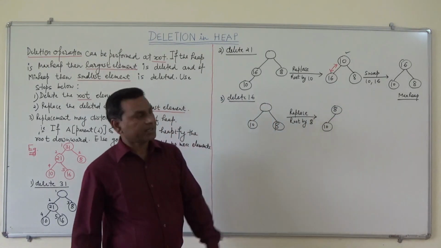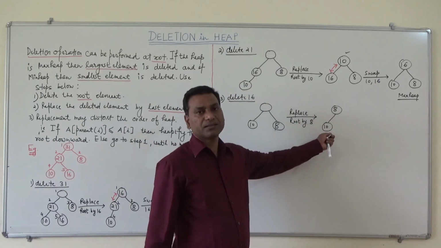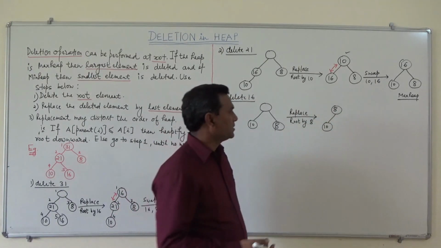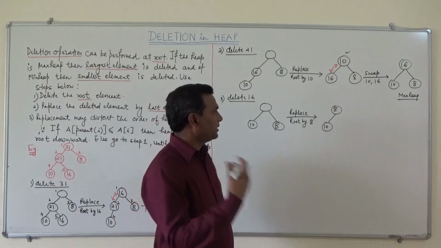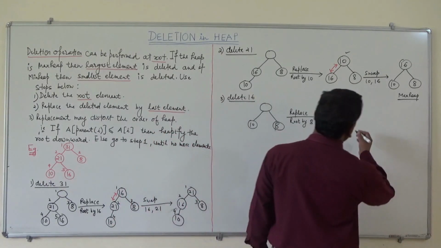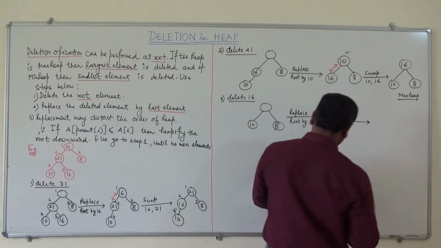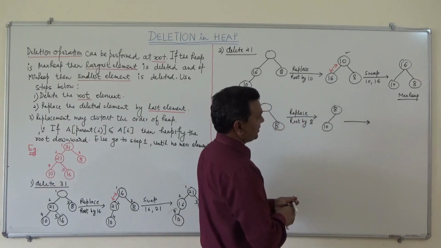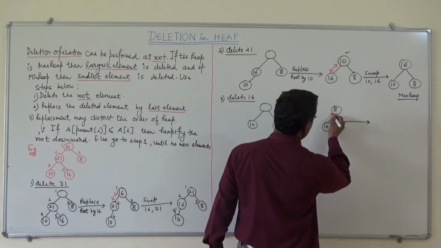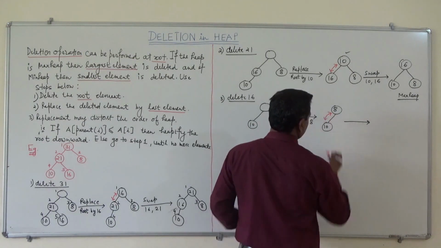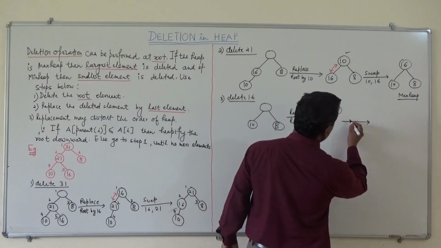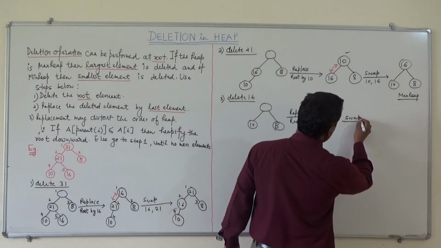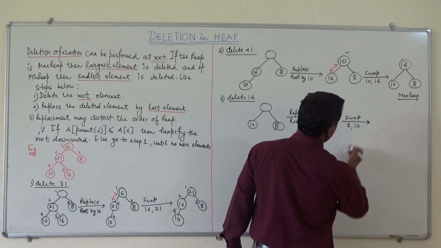Now again we will check, this 8 is less than 10. So we have to restore it. So what we will do? We will heapify downward to restore its order property. So swap 8 and 10.